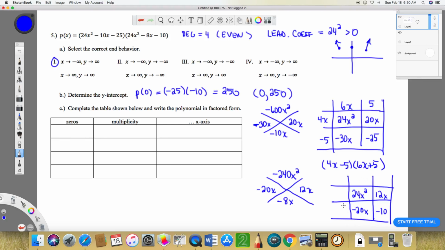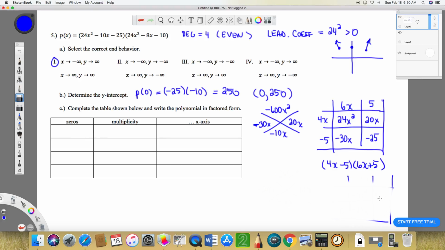So these have a common factor of negative 10. Oh, boy, I'm a genius. Look, all of these are even numbers. I should have factored out the greatest common factor first.